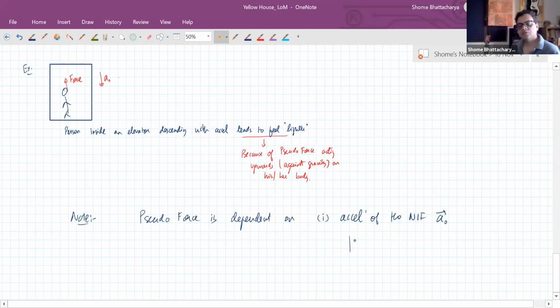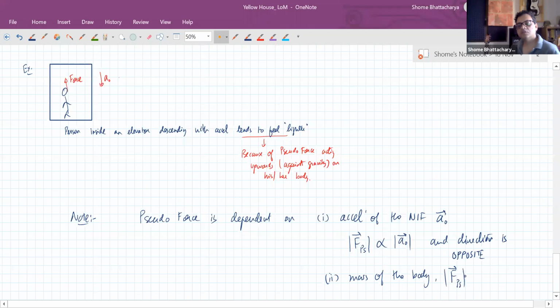So magnitude of pseudo force is directly proportional to magnitude of this acceleration, and direction is opposite. Okay. And secondly, depends on the mass of the body. So the magnitude of pseudo force is directly proportional to the mass of the body.